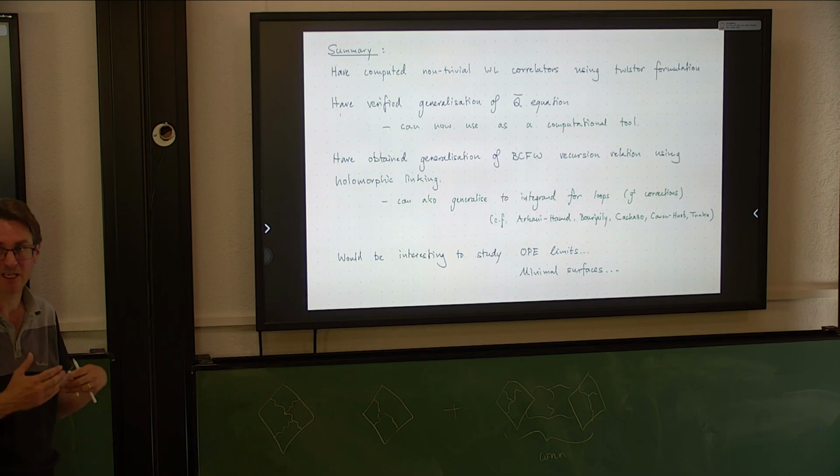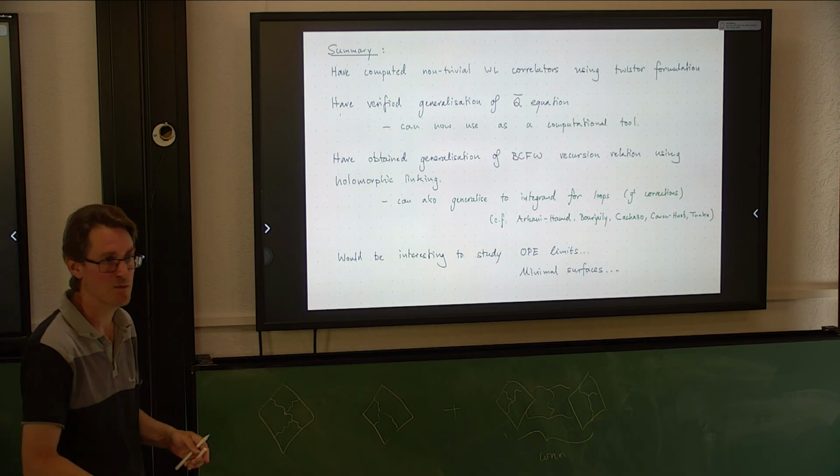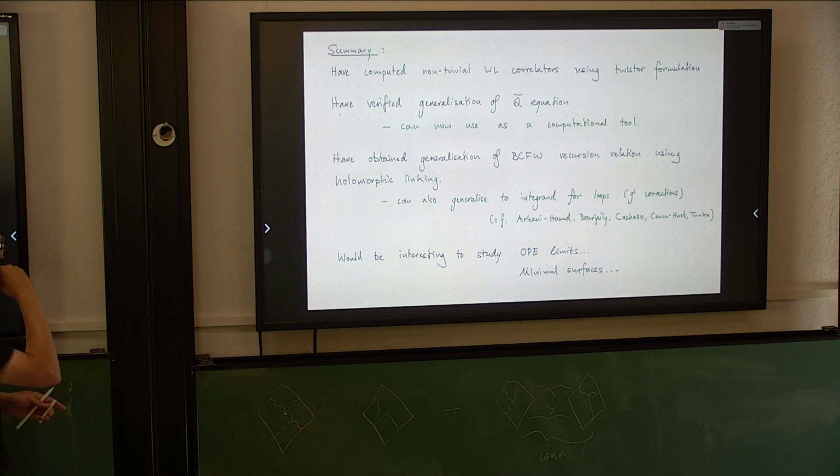Although the second verification requires some somewhat non-trivial computation to check that you get the same answer. Okay, and I did everything at tree level, so it's like the generalization of the tree level BCFW recursion relation for a single loop. But you can include that other term in the action, which I just dropped while we were doing BCFW.